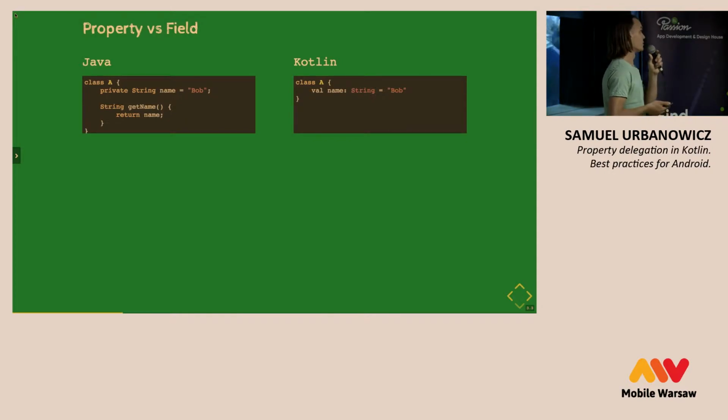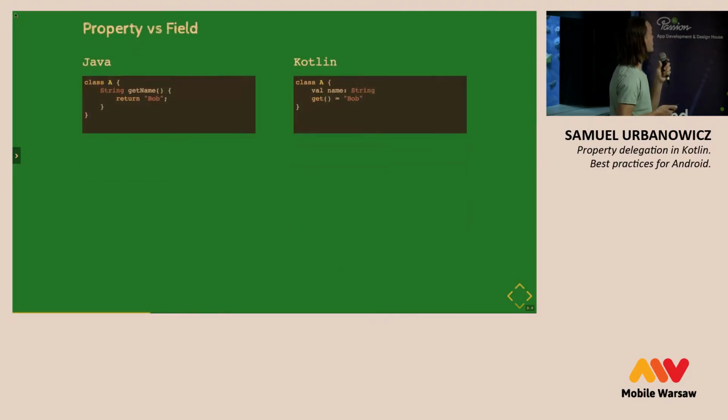Also, in case of the immutable property in Kotlin, only the getter is generated, which returns by default the value of the corresponding class field. Thanks to the fact that the Kotlin compiler generates the getter and setter functions, we are able to override them. And this makes the property delegation available in Kotlin.